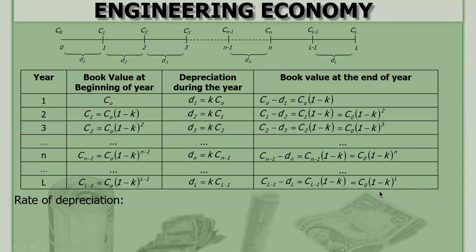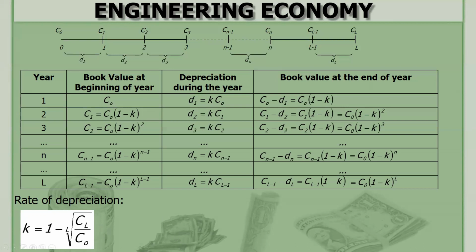And you can solve for K. So the simplified form or formula in solving for K is this one. K equals 1 minus the Lth root of salvage value over first cost.